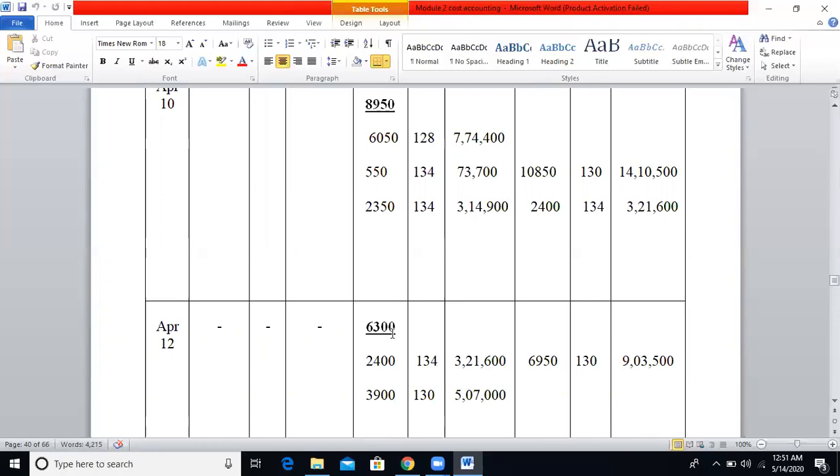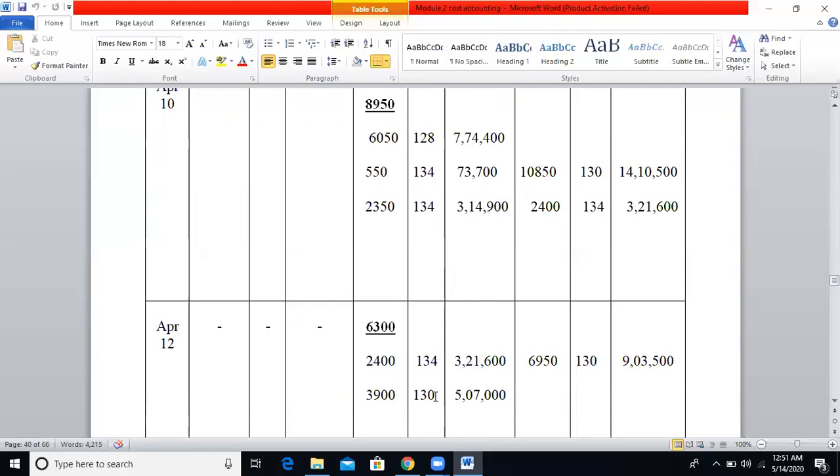Still I want 3,900 units to be issued. So this should be completely issued. Now, if you want further quantities to be issued, you will move on to the previous batch, that is 10,850. So out of 10,850, you will issue the required quantity, that is 3,900. What is the rate of this? 130.